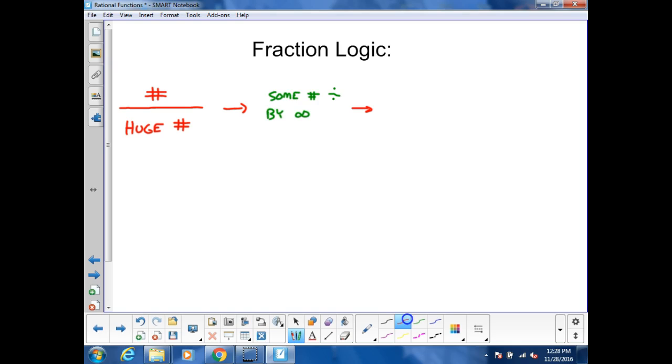It goes to 0. Now, here's where we blow minds. Does it ever get to 0? No, it never gets there, but it's just infinitely close to 0. Okay? Never gets there, but it goes there.